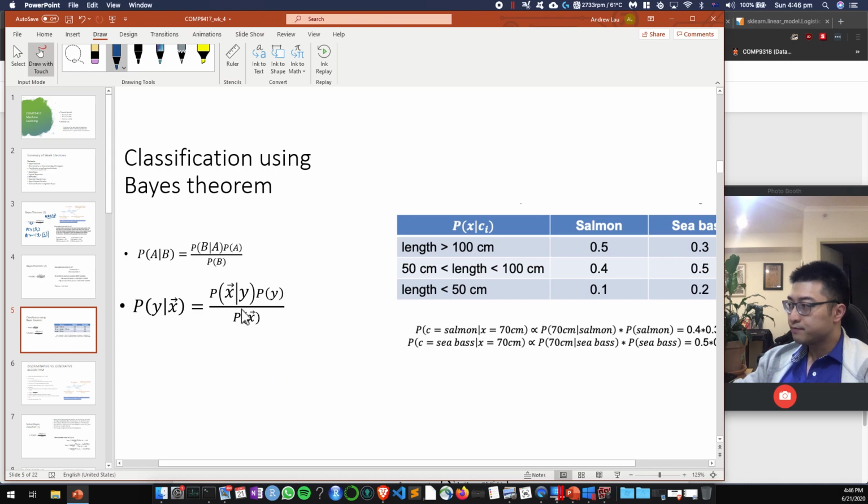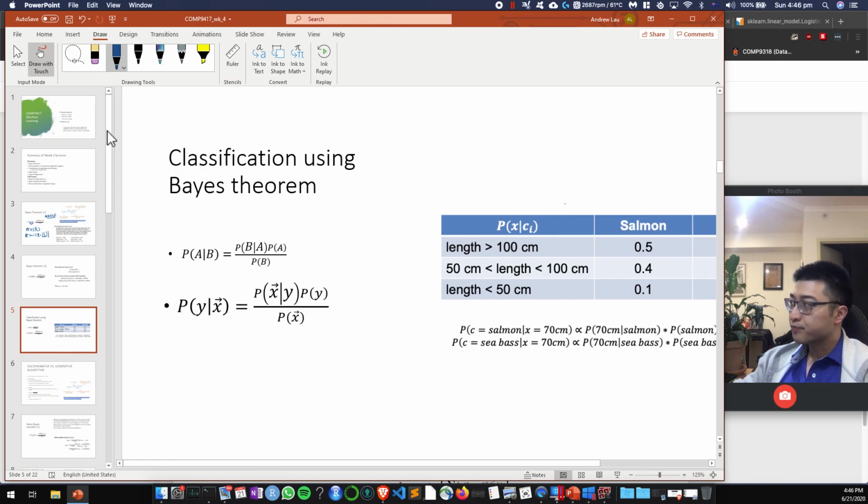I touched on this before, but this is Bayes' theorem, and within the context of classification, this is how we want to apply it. You can just memorize this formula. A in this case is the target, and B is the feature vector, right?